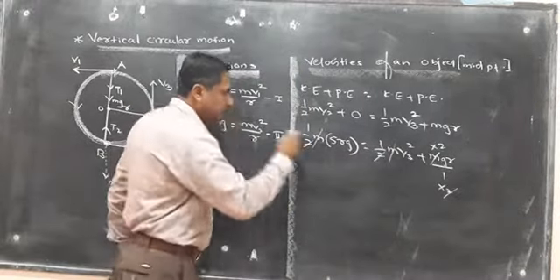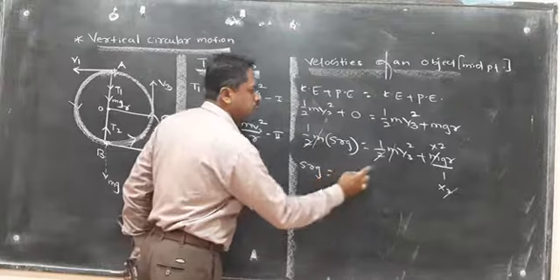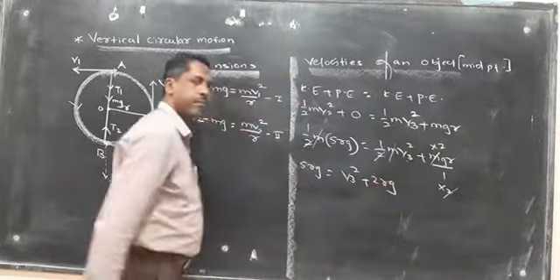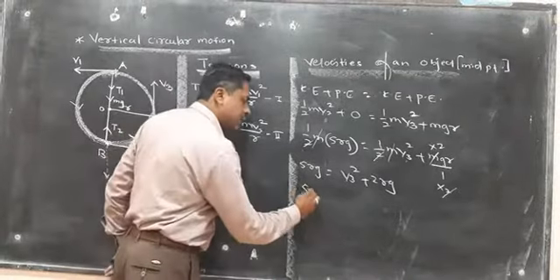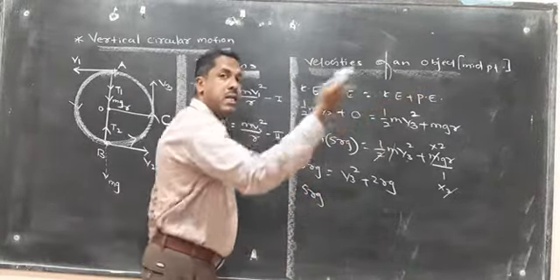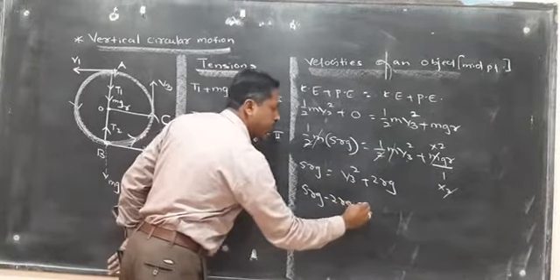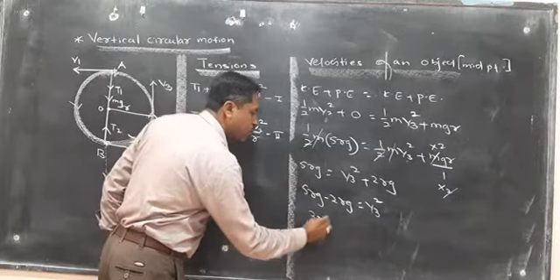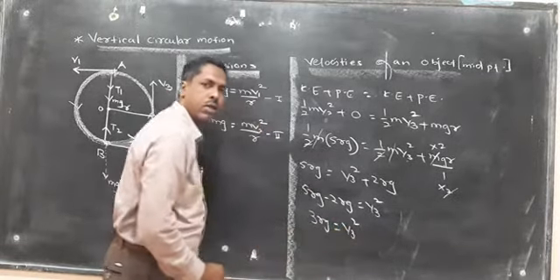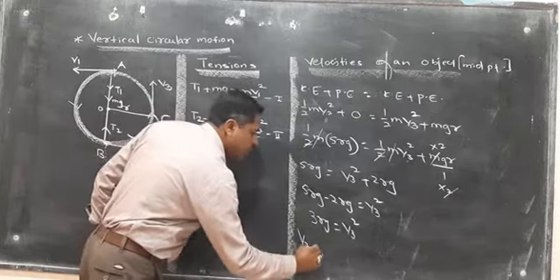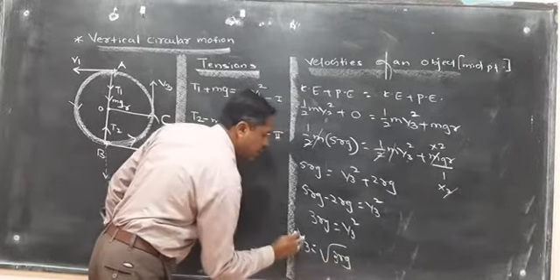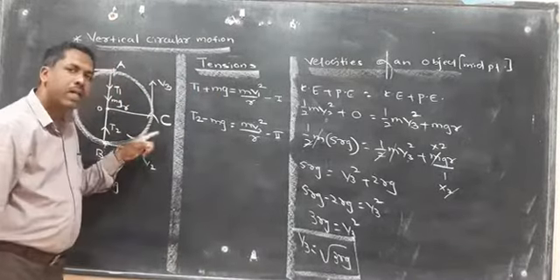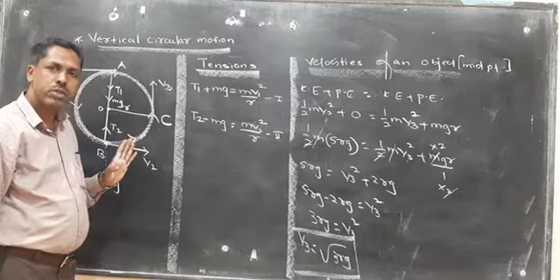What remains? 5rg is equal to v3 square plus 2rg. 5rg as it is, plus 2rg from that side comes here, it becomes minus 2rg is equal to v3 square. 5rg minus 2rg is equal to 3rg is equal to v3 square, or v3 is equal to under root 3rg. This is the general formula for velocity of an object at the midpoint or at the midway position.